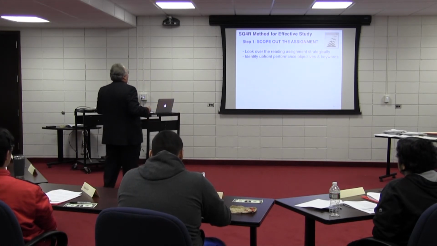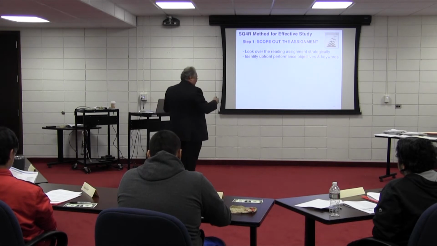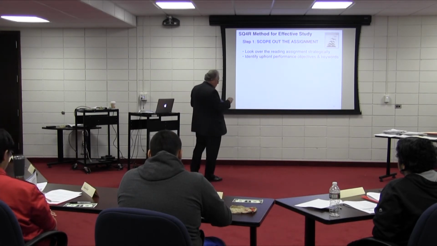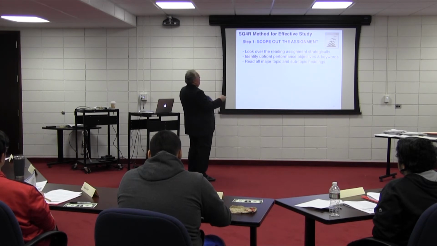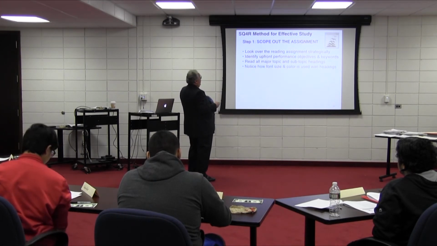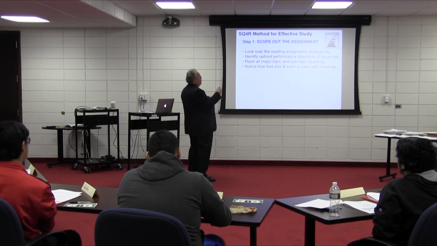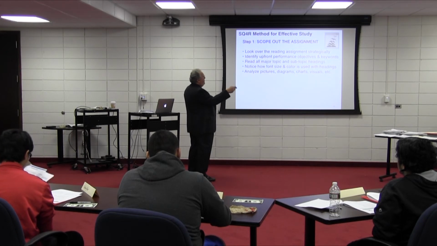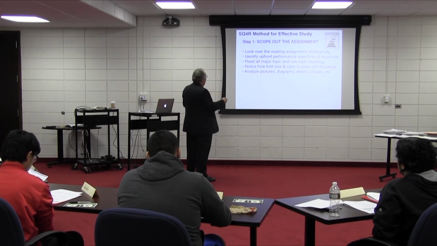Okay, what else? As we scope out the assignment, we identify the upfront objectives and keywords. We're going to read all the major topics and subtopics. We're going to notice how font size and color is used with the headings. We're going to analyze pictures, diagrams, charts, and visuals.